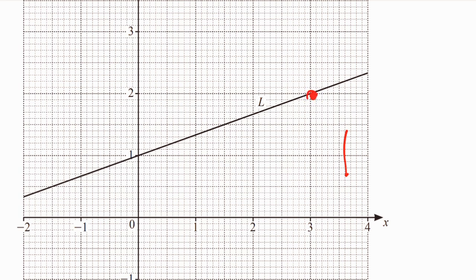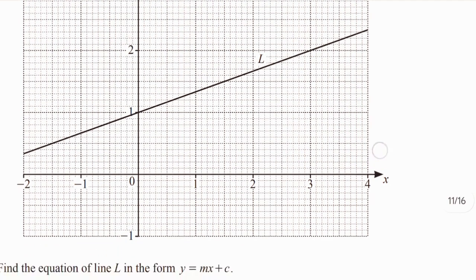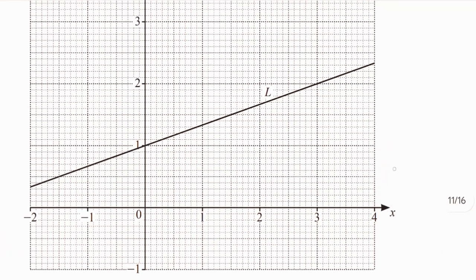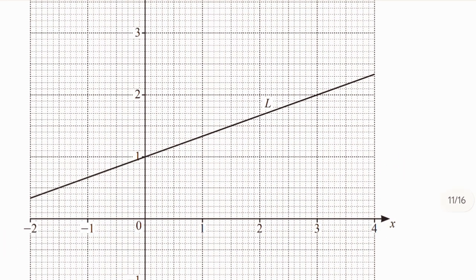When y is equal to 2, then x is equal to 3. First of all we need to find the slope of the line.